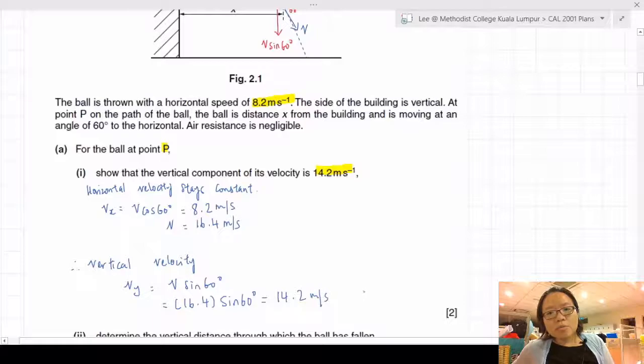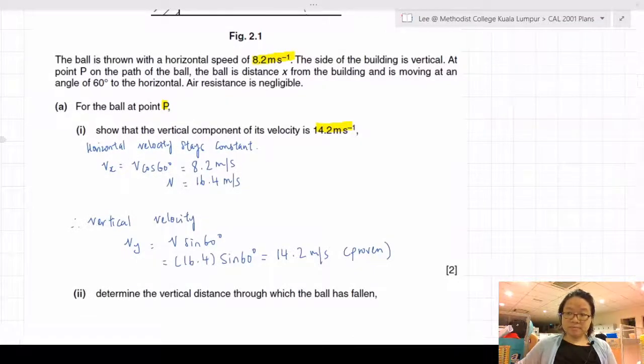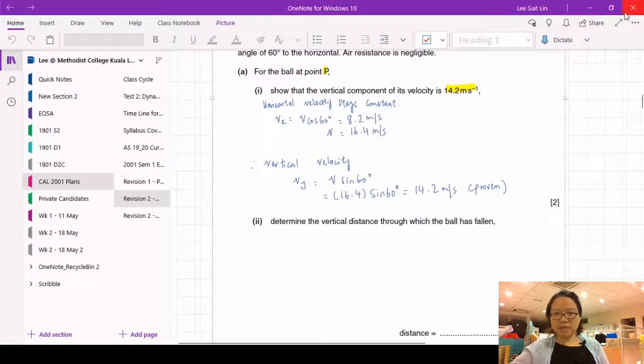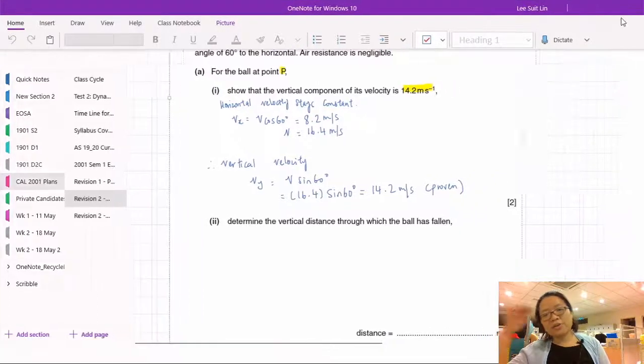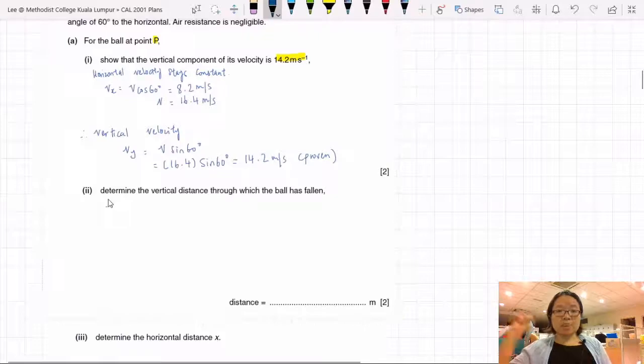Alright, moving on. We are now going to determine the vertical distance in which the ball has fallen. So vertically, how far has the ball dropped? As you can see, I have changed the OneNote app thanks to the lagging. So the first order of business is to list down your STUVA.